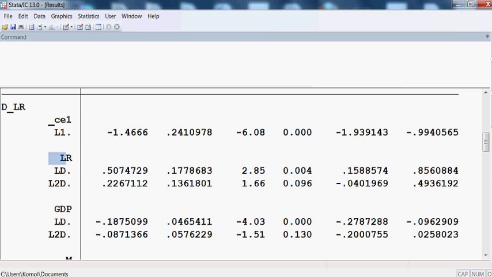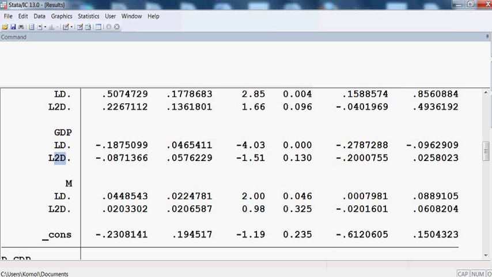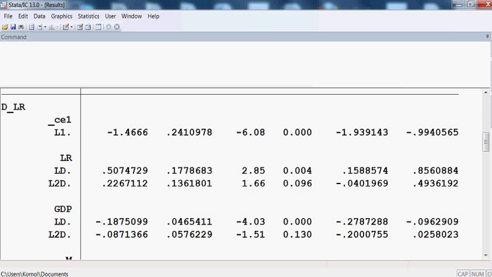Here this is dependent variable DLR, and all these are independent variables, right?